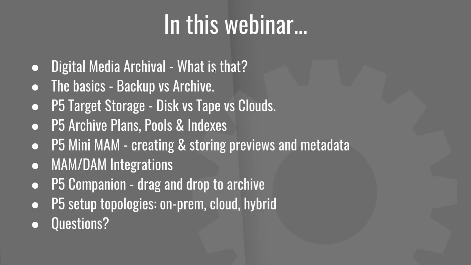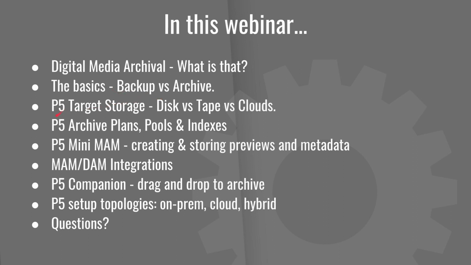So in this webinar, we are going to look at what is digital media archival. Some of you probably have a good idea already, but we'll cover the way that we see that. Then we'll look at the basics by differentiating between a backup versus an archive, because sometimes people think, oh, I've got a backup, so I don't need an archive. Not true.